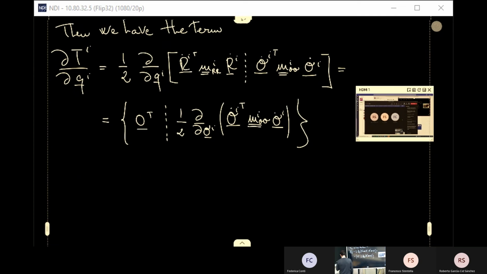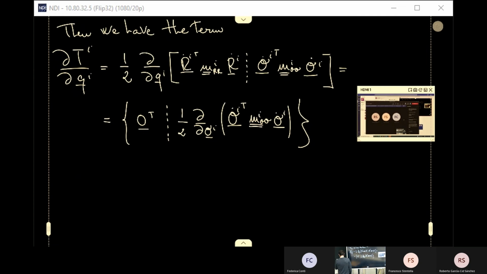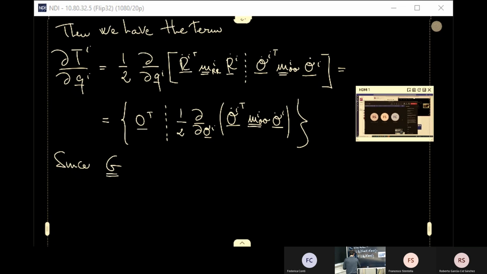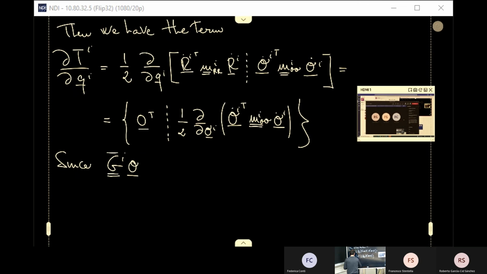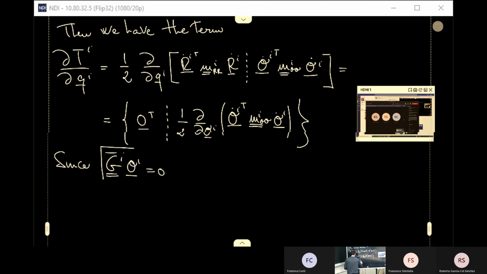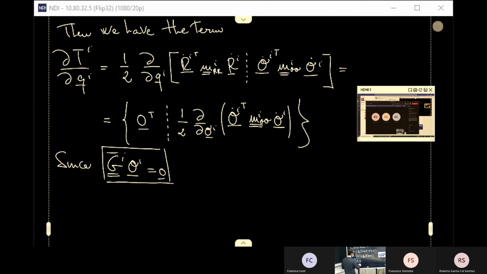Now, since, as I was saying, it is 0, as we have said before, it means that also its derivative is 0.